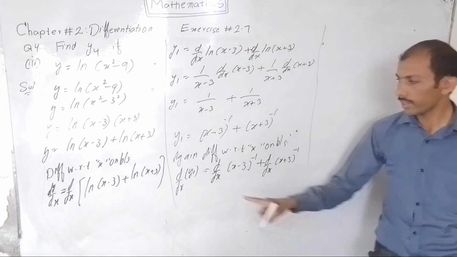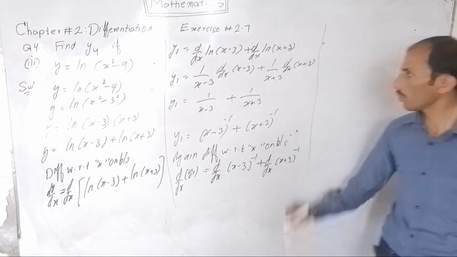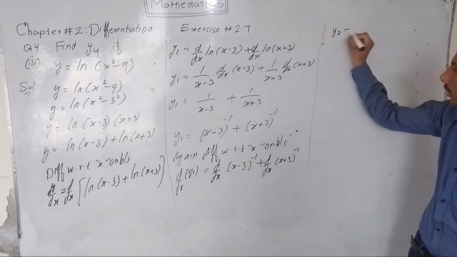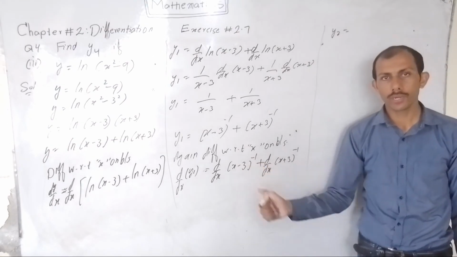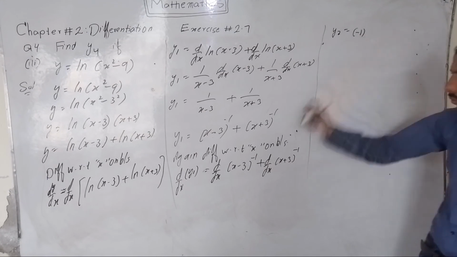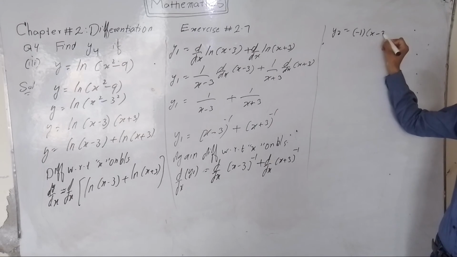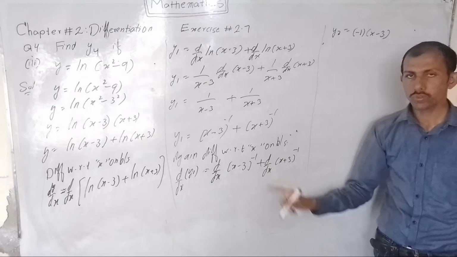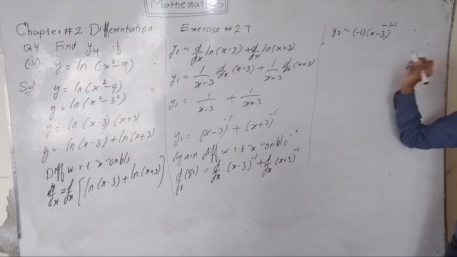Next, derivative of y1 with respect to x is equal to y2. So y2 is equal to, this is power rule, we will apply power first, minus 1 into (x minus 3) whole power minus 1 minus 1, according to power rule, minus 1 minus 1 subtract.